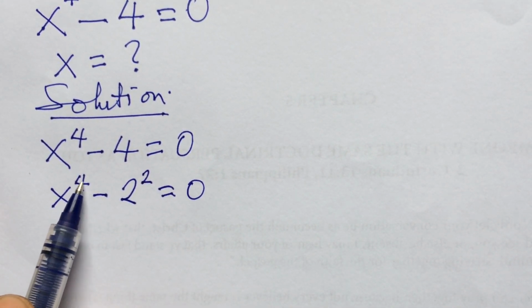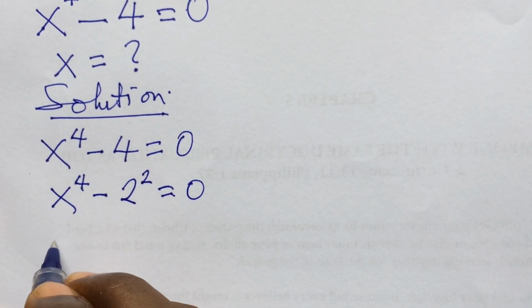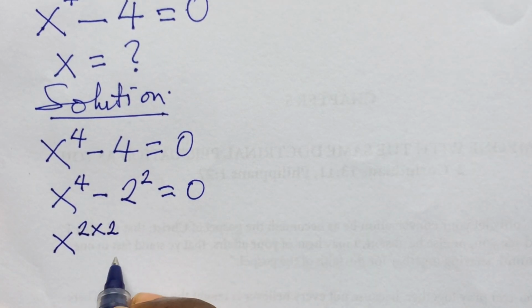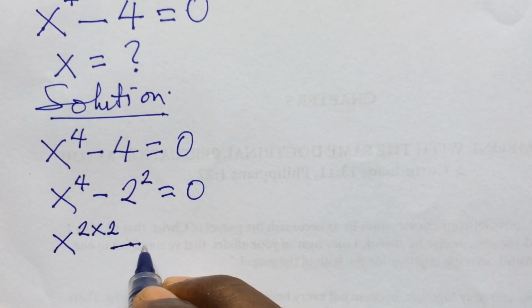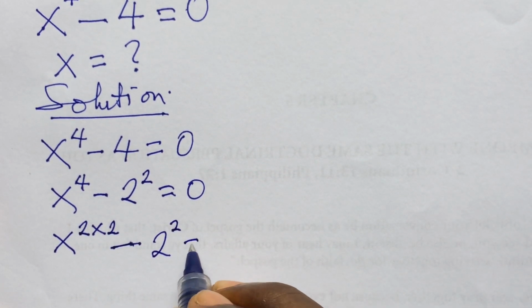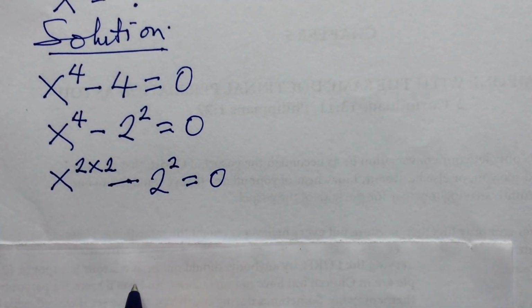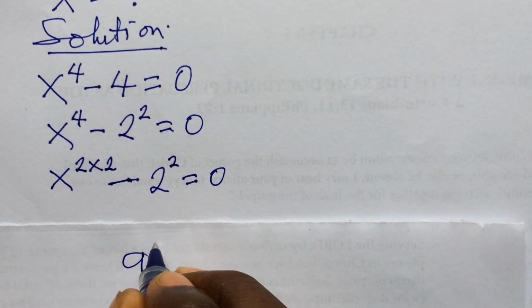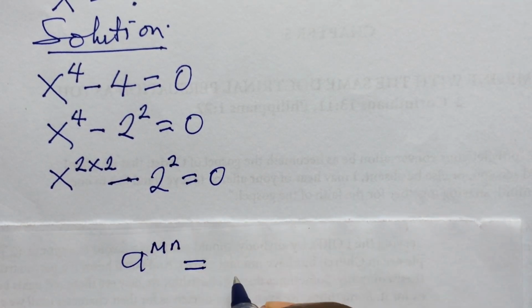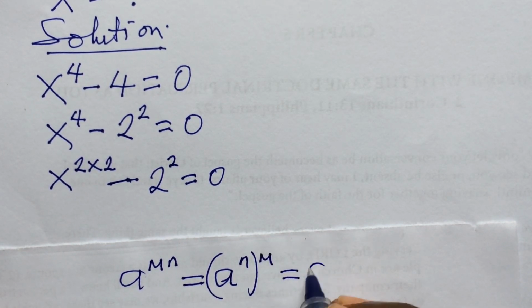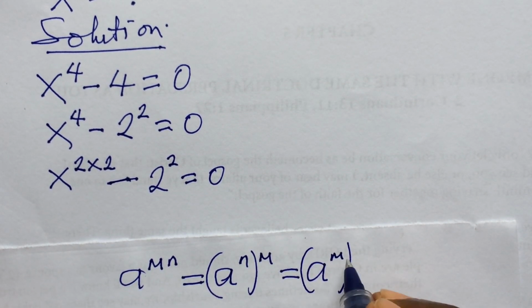Now, from here, look at the exponent here. We can rewrite this as 2 times 2. And so this will now give us x to the power of 2 multiplied by 2, minus 2 to the power of 2 equal to 0. Recall the law of indices, which says that if we have a to the power of mn, this could also be written as a to the n bracket m, or a to the power of m bracket n.